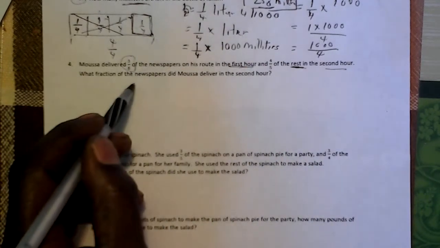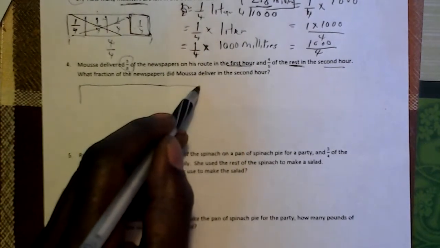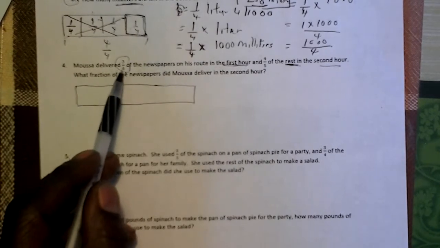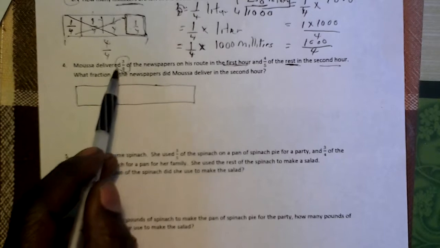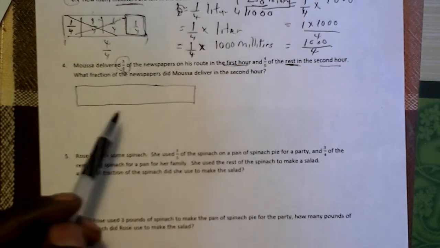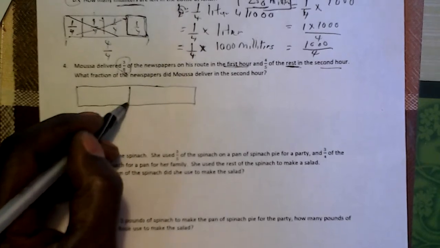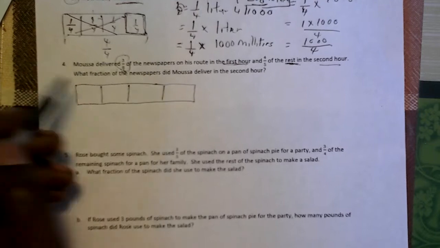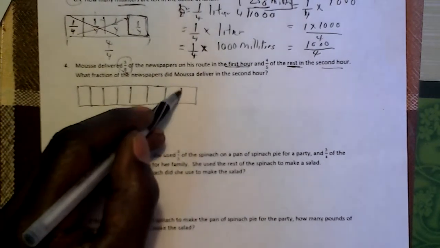Okay, so let's draw a quick tape diagram, okay? Since he started by doing 3/8, how many pieces do you think we need to split the tape diagram into? 8 pieces, right? So we go 1, 2, 3, 4, and we split 1, 2, 3, 4.